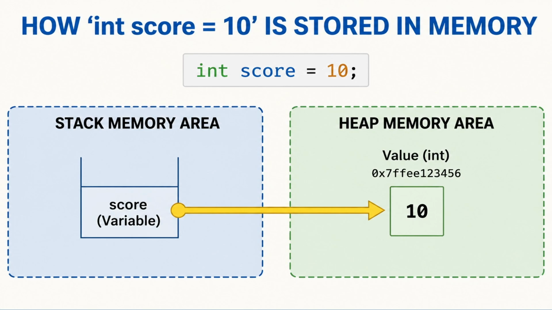Think of it like the variable will be stored in the stack memory area, and the value will be stored in the heap memory area. And the address of that value will be stored in the variable.